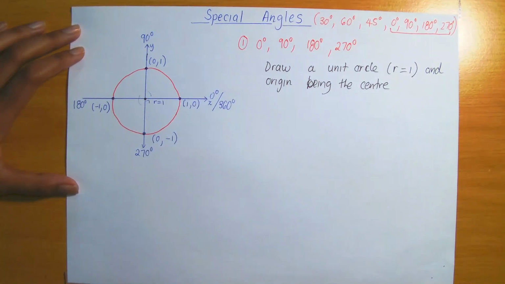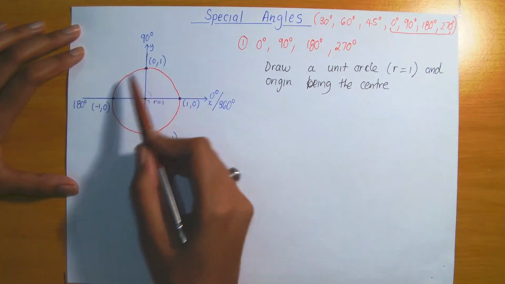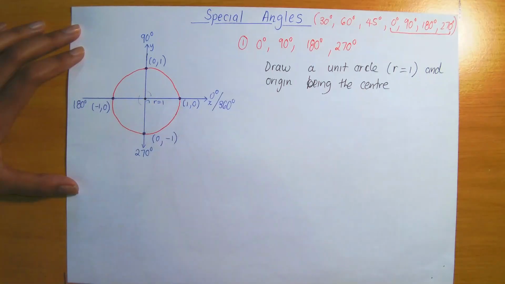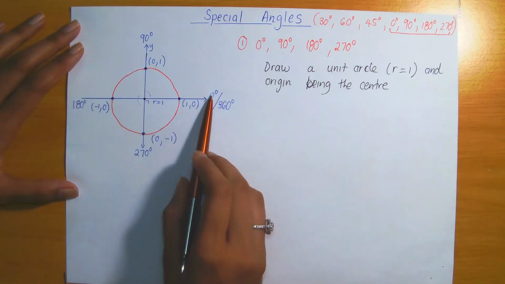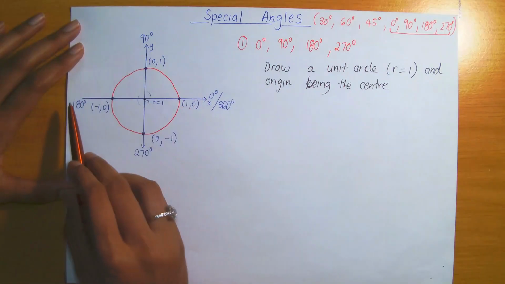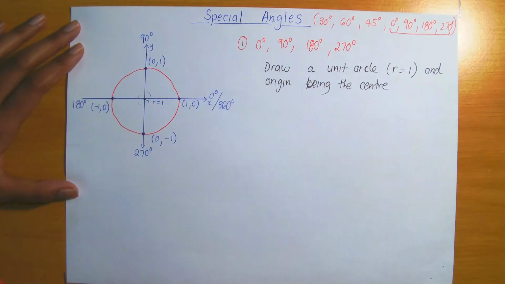So we've drawn a unit circle on the xy plane, and we've now labeled the points of intersection. Using this diagram, you will observe that we will be able to compute the trig ratios at each of these degrees: 0, 90, 180, and 270.